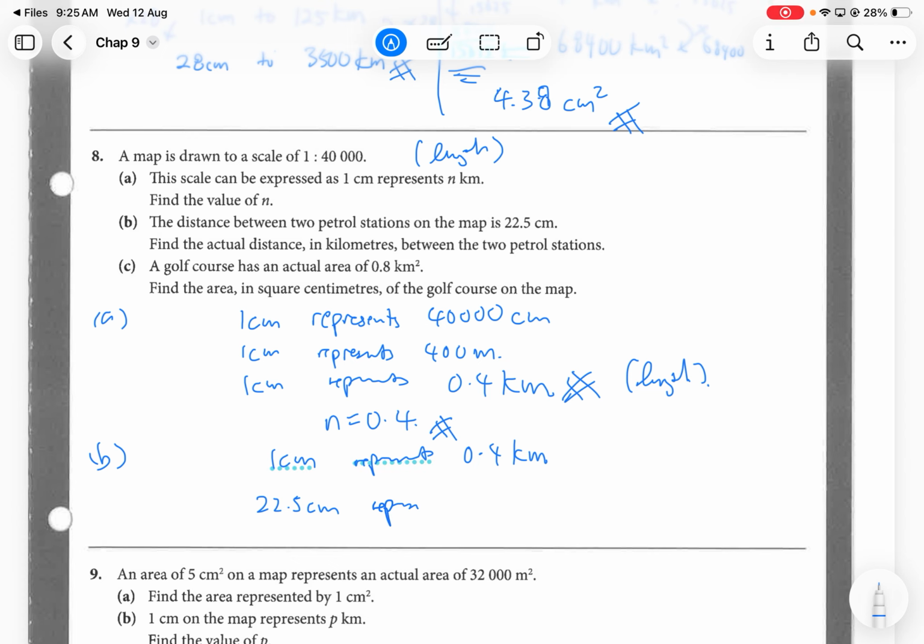How much is it in the real world? Multiply 22.5 on both sides. Here to here I multiply 22.5. Here to here I also multiply 22.5. 90 kilometer. Okay? So on the map, 22.5 cm represents in the real world 90 kilometer.